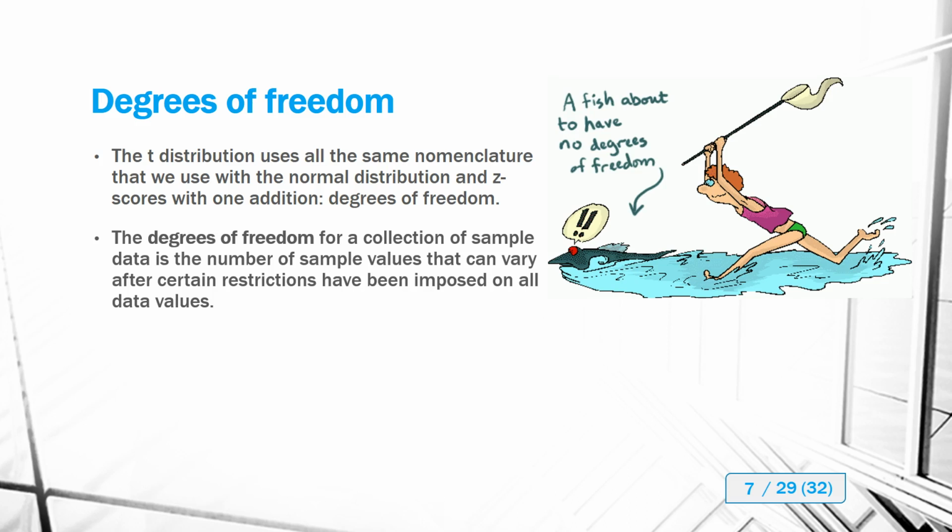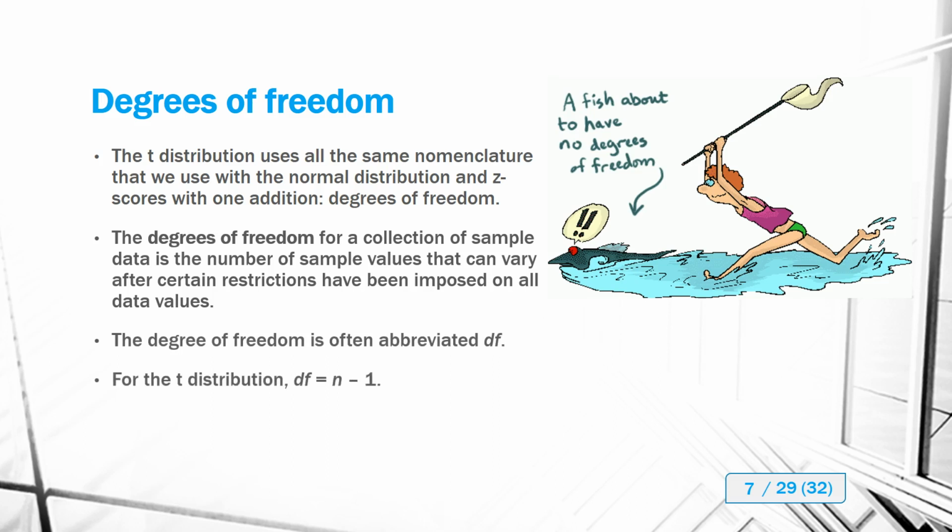For most distributions, we abbreviate degrees of freedom with df, and then we simply take 1 away from the sample size, and that's our degrees of freedom. So for the t-distribution, df is going to be equal to n minus 1.